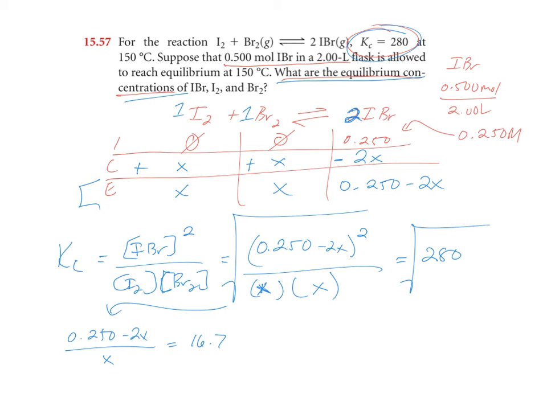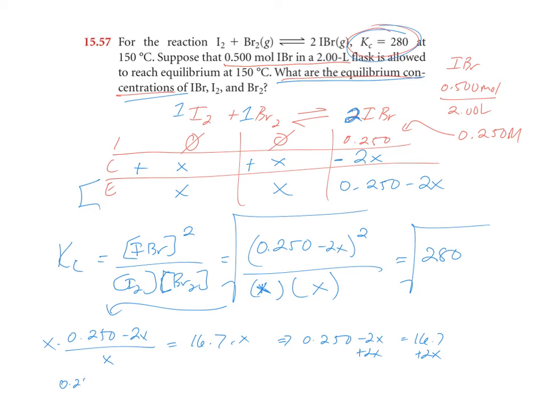Okay, and now I simplify and solve for x. So multiply both sides by x. I get 0.250 minus 2x equals 16.7x. Add 2x to both sides. Now I'll go down here.